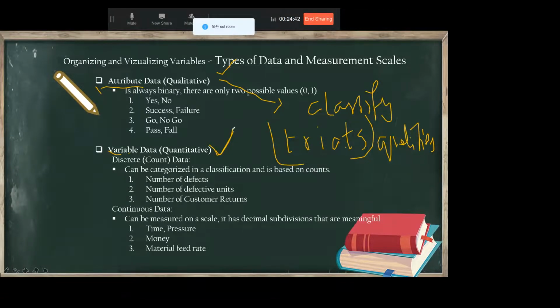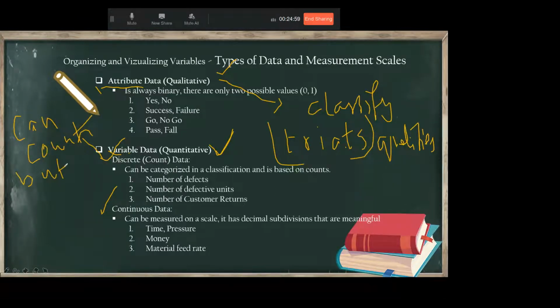Then second, we have the quantitative variable. Now, a quantitative variable consists of two further types, which are discrete and continuous. What is discrete? Discrete, you can count, but you can't measure.